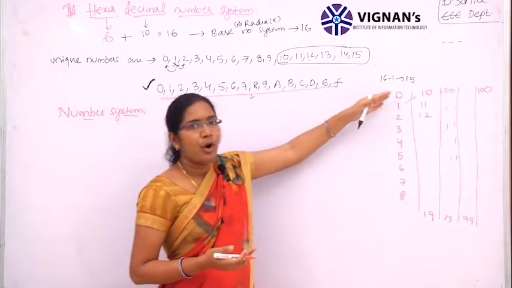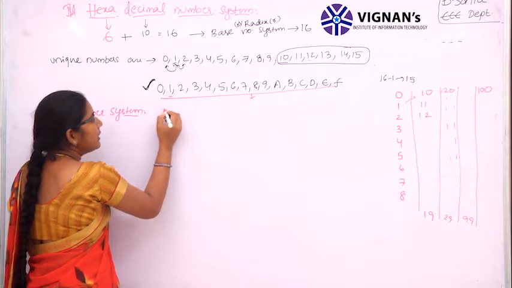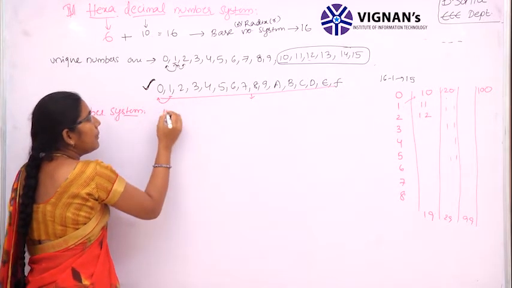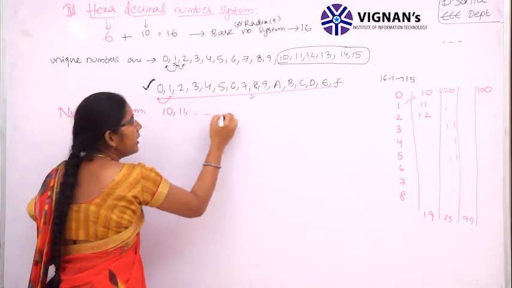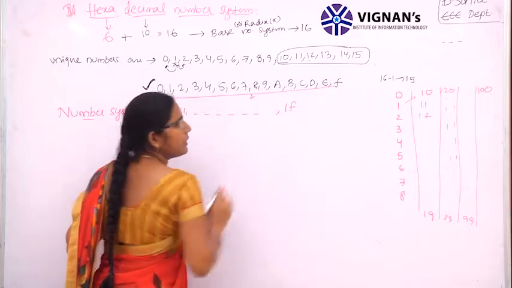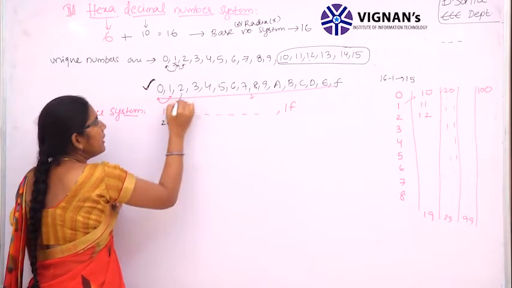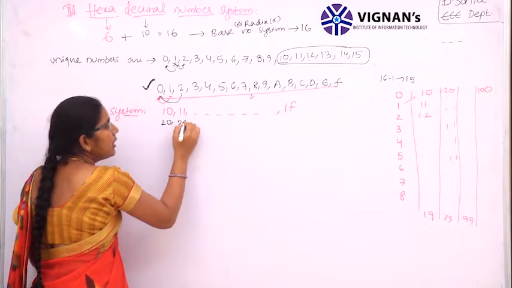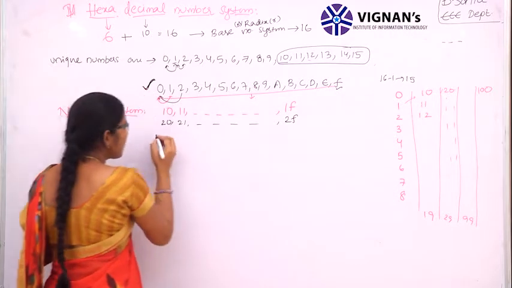2-digit numbers are formed in this format. That is 1 with minimum unique number, 10, 11, till 1 with maximum unique number F. Similarly, 2 with minimum unique number till 2 with maximum unique number.